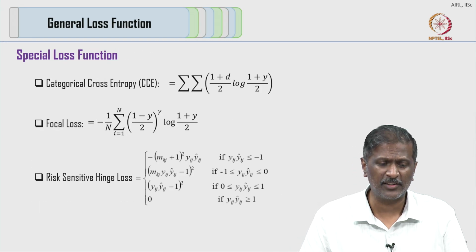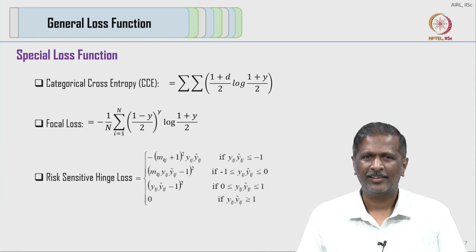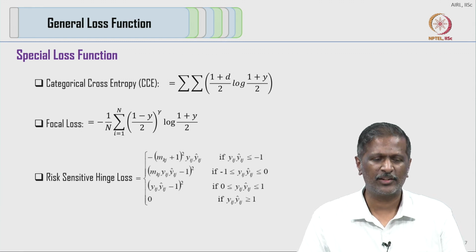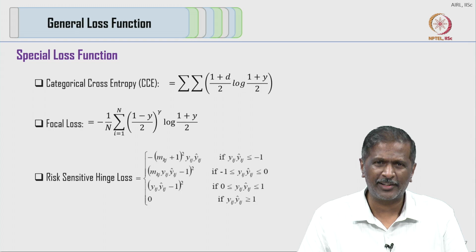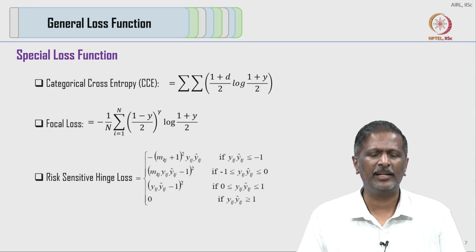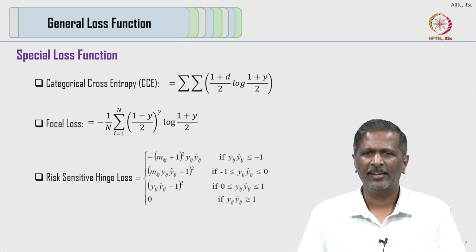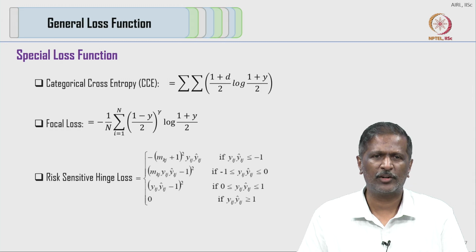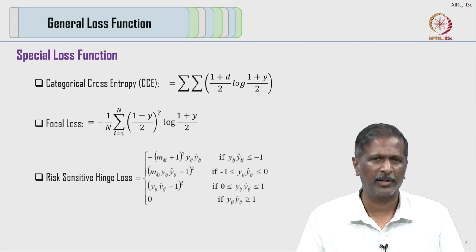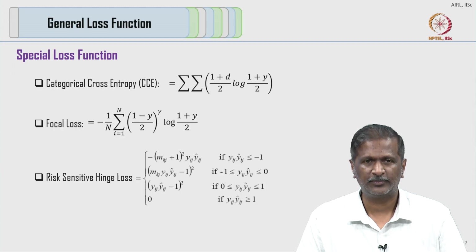There are special loss functions available. What I showed is binary cross entropy. I can do categorical cross entropy if you have multi-class problems: for every category I put an entropy and sum it over, and that becomes categorical cross entropy. I can use a focal loss.